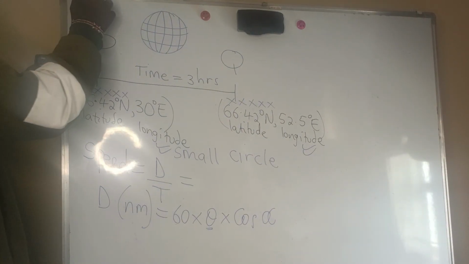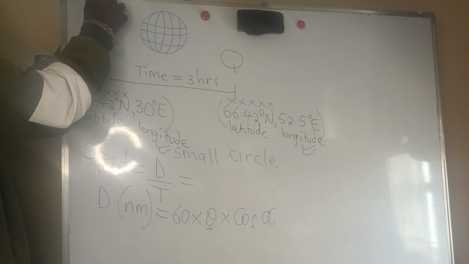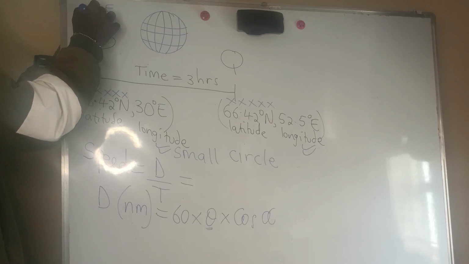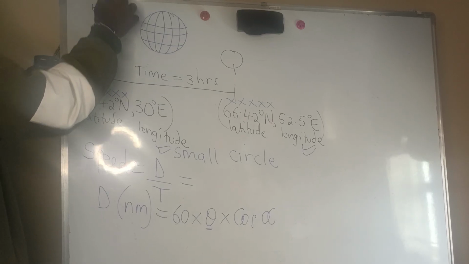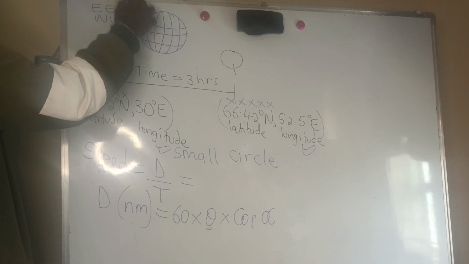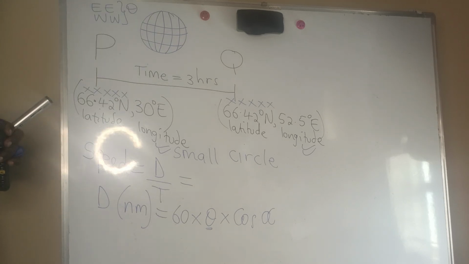We said that if the 2 points are in the same hemisphere, east-east or west-west, and you want to get theta, just get the difference between those 2 longitudes, either on the eastern part or on the western part of the prime meridian.